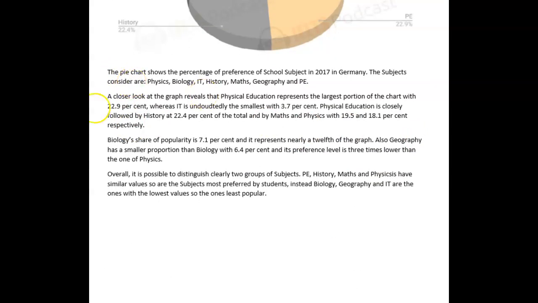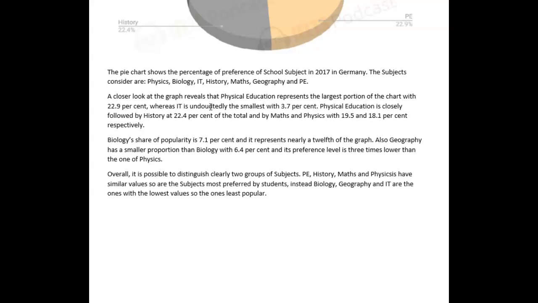Fine. A closer look at the graph reveals that physical education represents the largest portion of the chart with 22.9%, whereas IT is undoubtedly, careful with your spelling, the smallest with 3.7%. Physical education is closely followed by history at 22.4% of the total, and by maths and physics with 19.5 and 18.1% respectively. Okay.